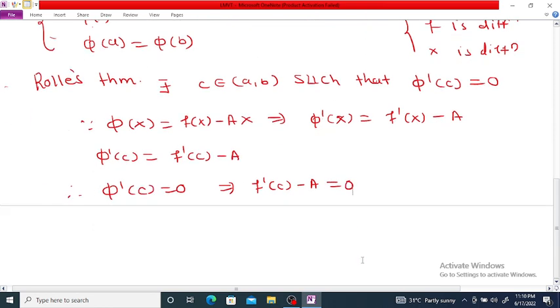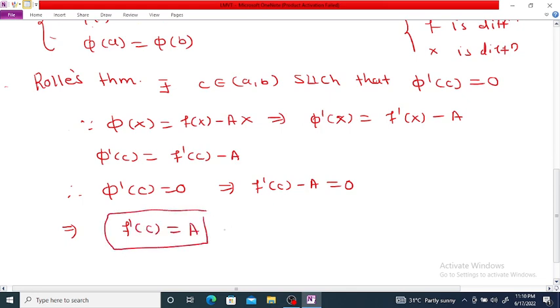This implies f dash c is equal to a. Say this is equation number star.